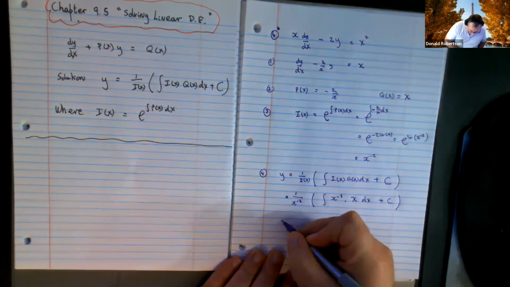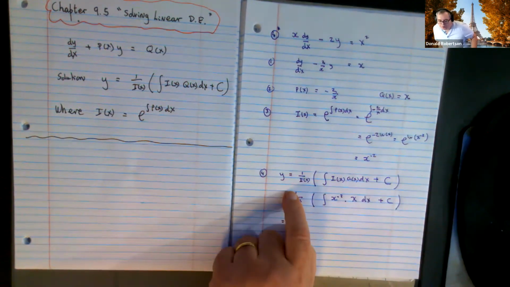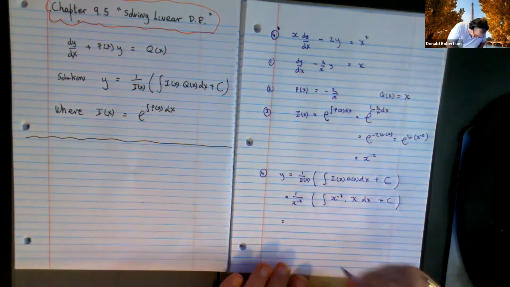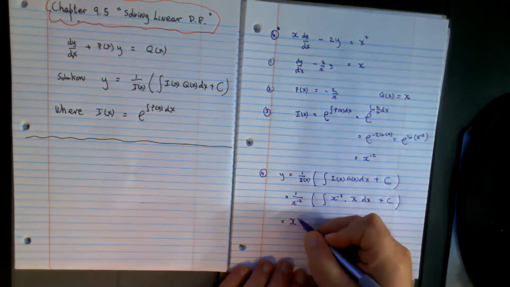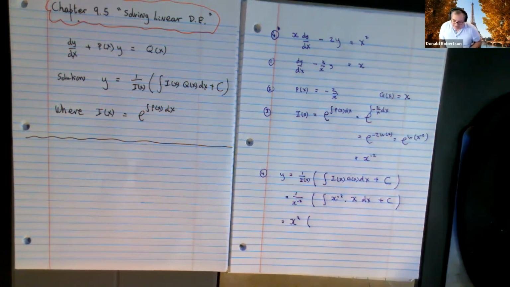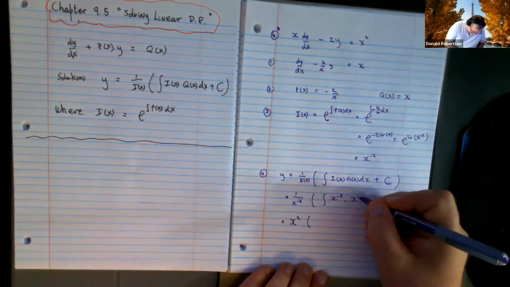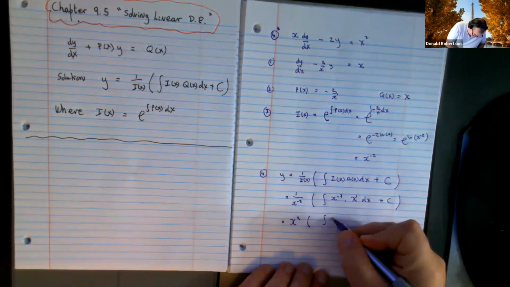And again, algebra is going to help us out here. Would you agree that 1 over x to the negative 2 would look much nicer as x squared? You agree they're equivalent? Now, x to the negative 2 times x, if you prefer x to the 1, that leaves me with this guy.